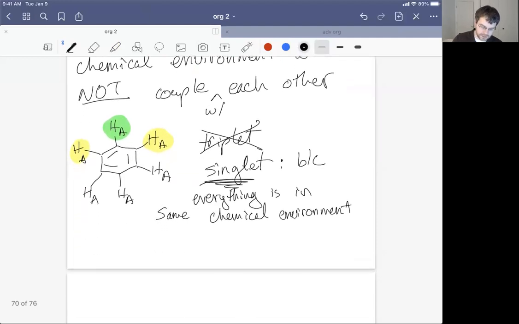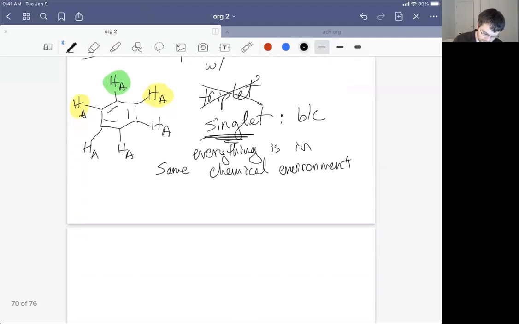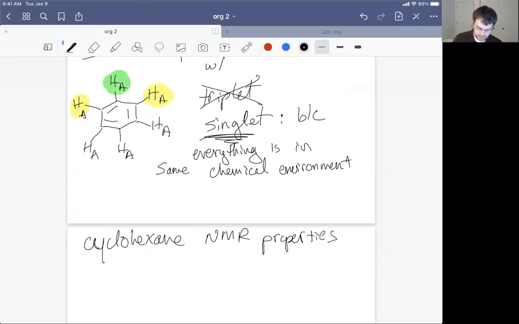Let's look at another example. Let's delete those double bonds and talk about cyclohexane's NMR properties. Okay, so cyclohexane, we've talked about this one as well. By this perspective, it has the exact same sorts of symmetries as benzene.